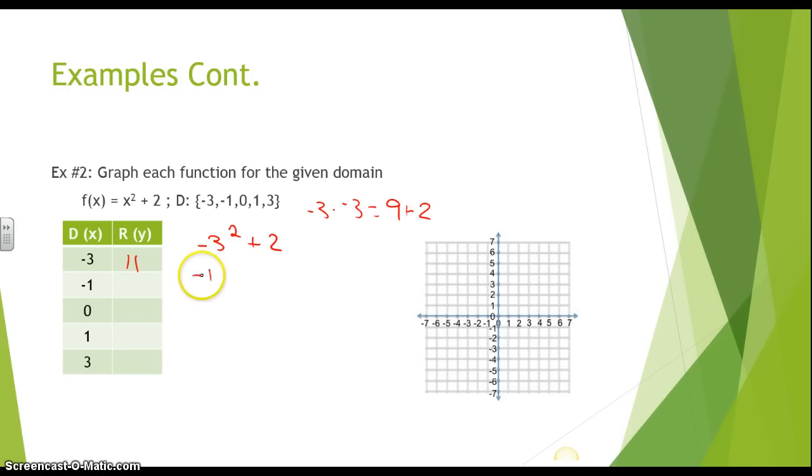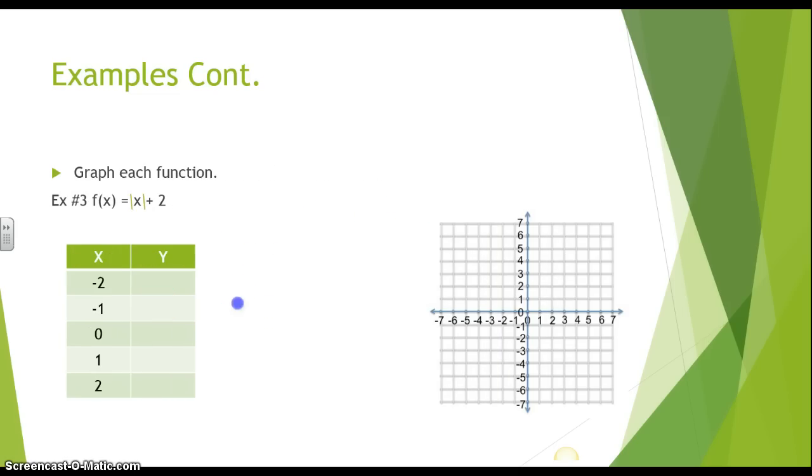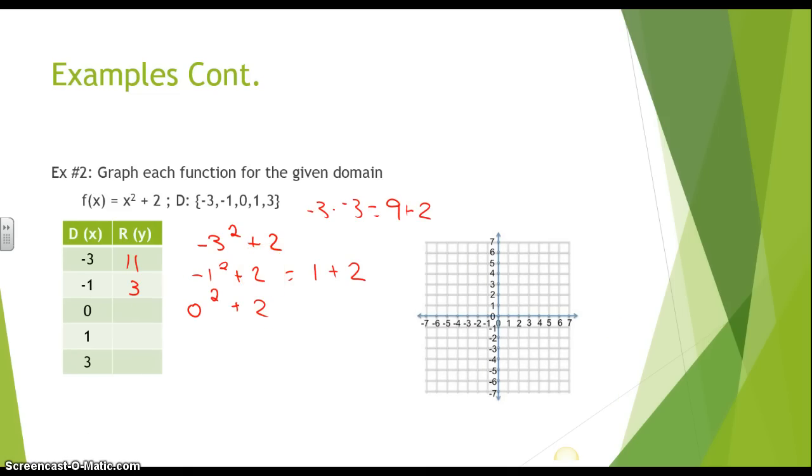Now I have -1 squared plus 2, which gives me 1 plus 2 is 3. I have 0 squared plus 2. And 0 squared is going to give me just 0. 0 plus 2 is 2.